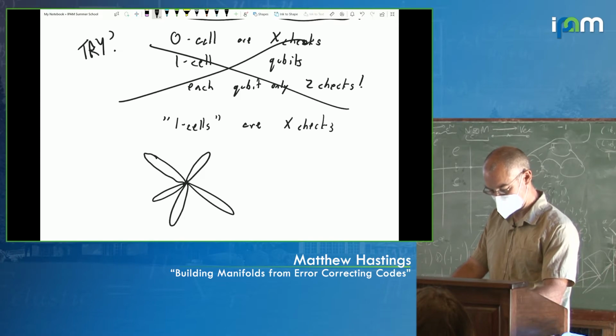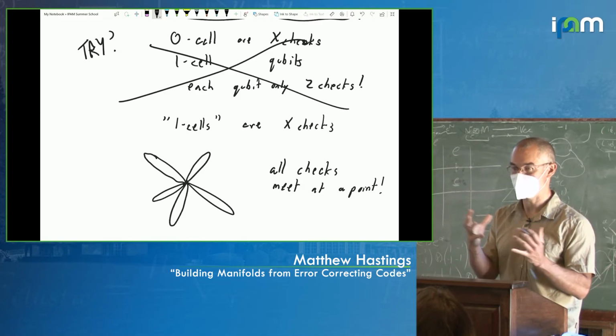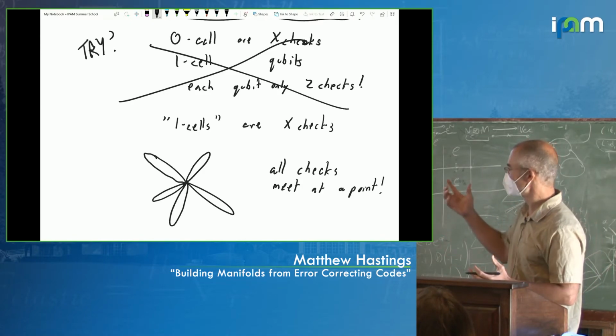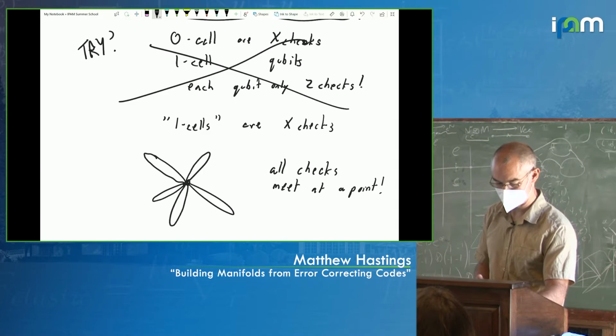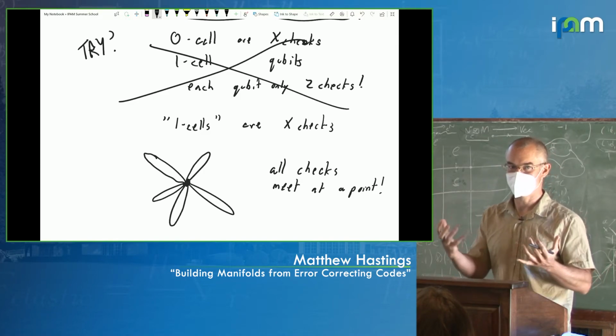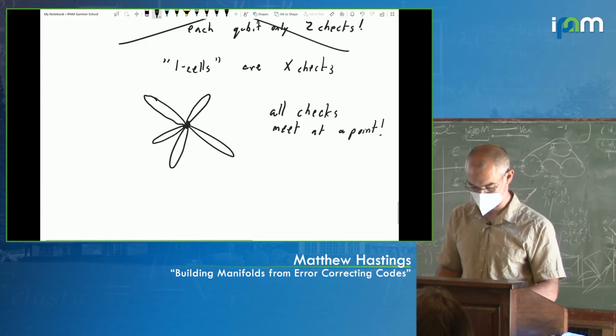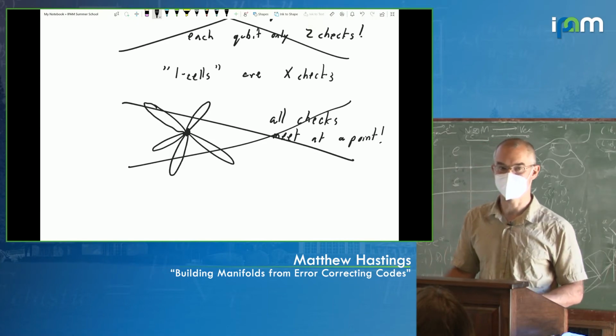But this is no good because all checks meet at a point, and that is not going to be good for getting our desired bounded geometry. At this point, the number of cells coming in is diverging with the size of the code, and that's going to make it hard to put our nice bounded geometry and bounded cellulation on. So let's throw that out.